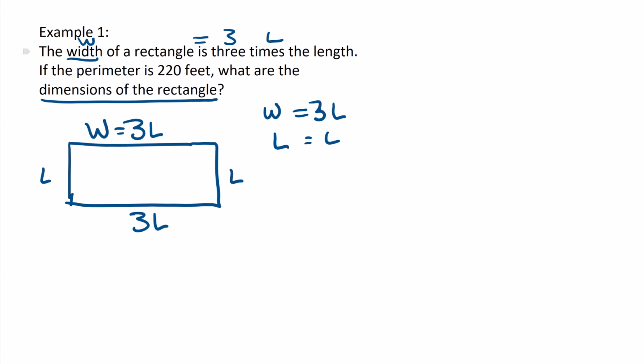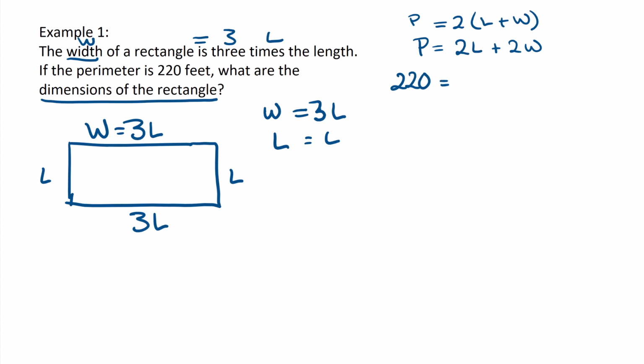And now I know that the perimeter is 220. And you may remember the perimeter formula. P is 2 length plus 2 width. You may have also seen 2 times length plus width. I'm going to go ahead and use 2 lengths plus 2 widths, or 2 times the length plus 2 times width. And I know that that's equal to 220 feet.